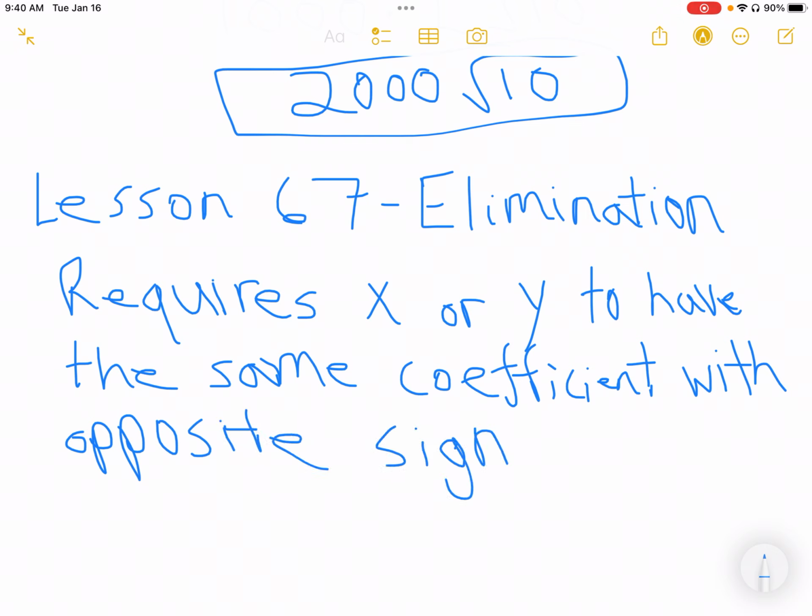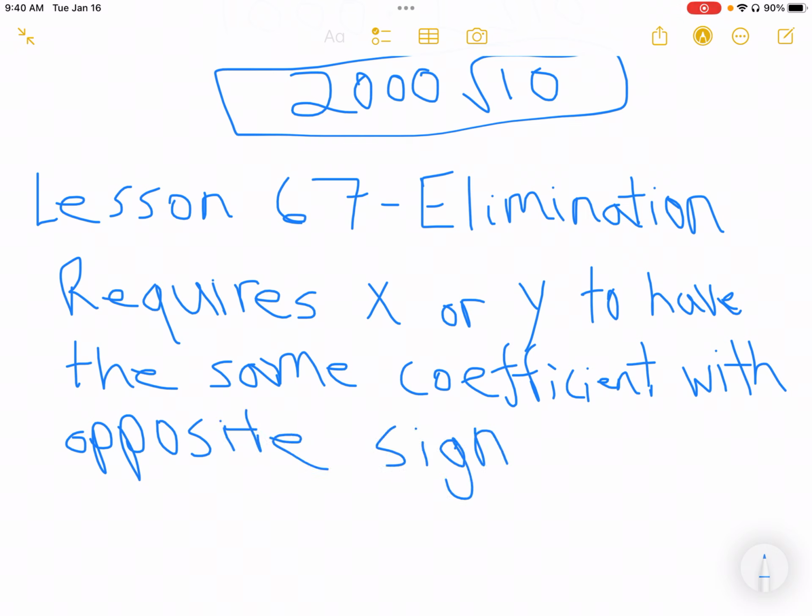Well, a coefficient is the number that's in front of the X or the Y. Okay. Example here would be I have X plus 2Y, and this is just an example here. And I have it equal to 8. And then my other equation, okay, I'm going to just separate it like this, is 5x minus 2y is equal to 4.